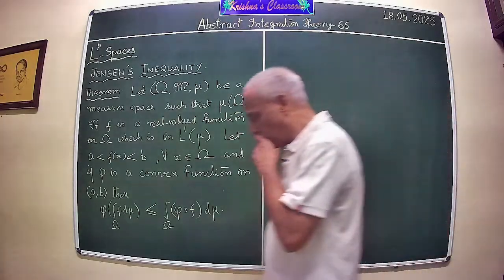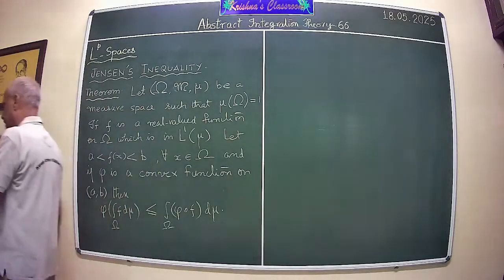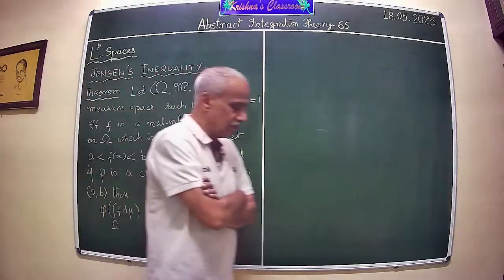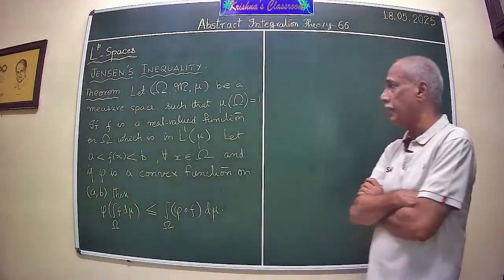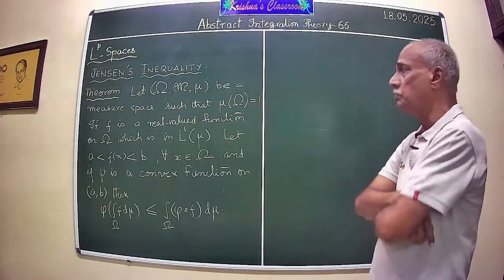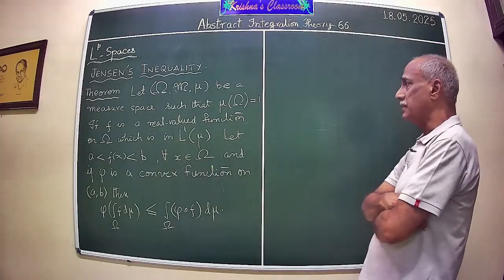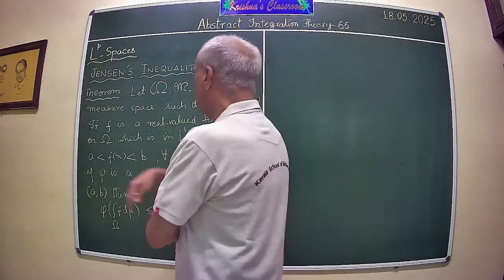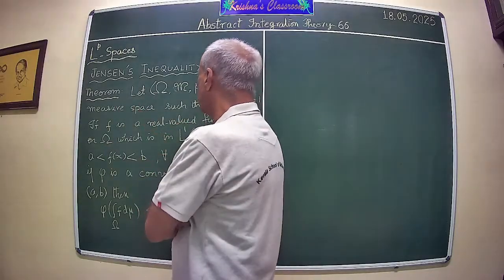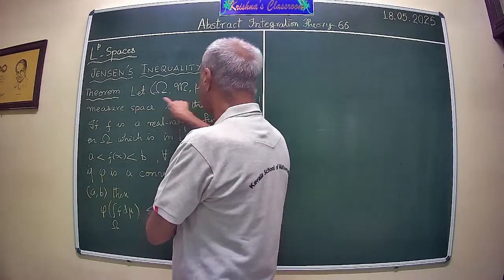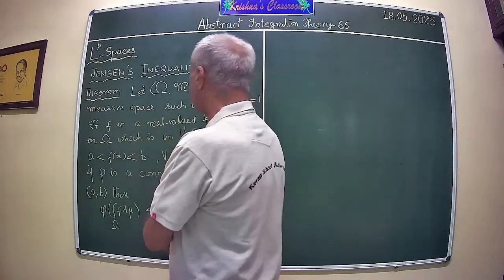Okay. So having seen that, I think I have already stated the theorem, which I recall again over here. So let me just read that, Jensen's inequality. The statement of the theorem is as follows. Let (omega, script M, mu) be a measure space.